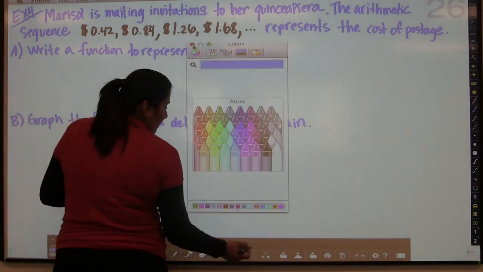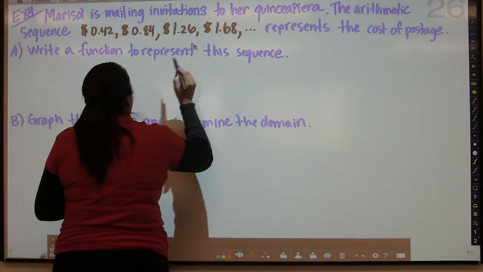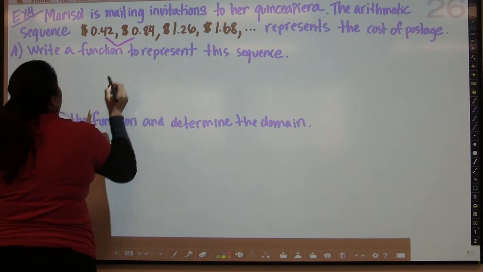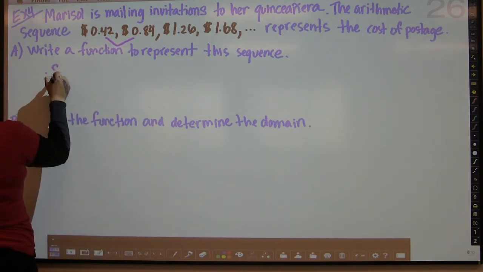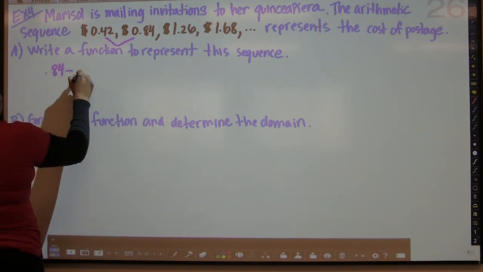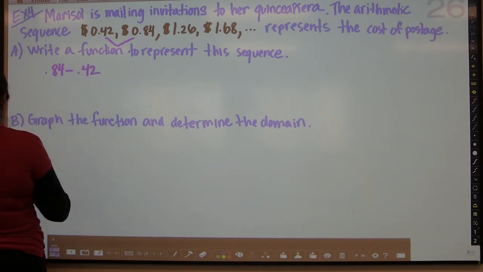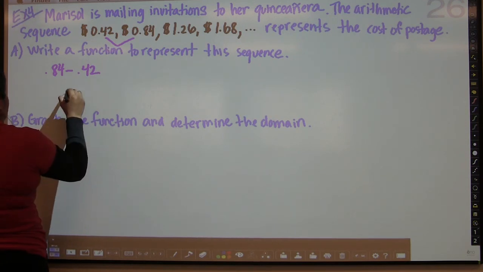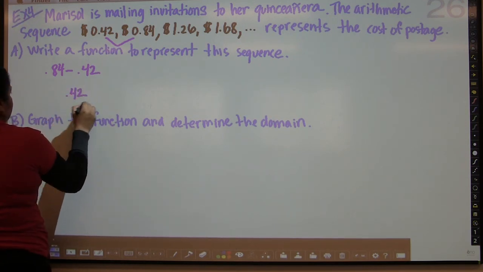So the first thing we have to do is to find our common difference. So we're going to try those right there. We're going to say 0.84 minus 0.42 is going to be 0.42.